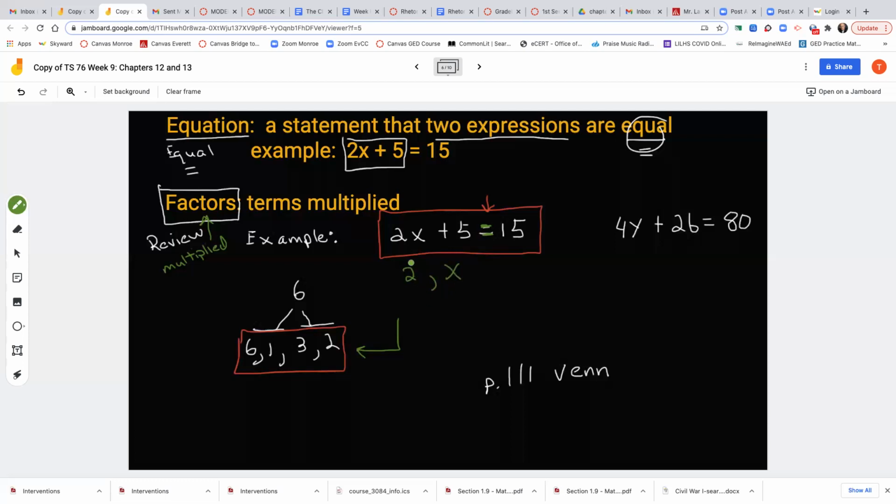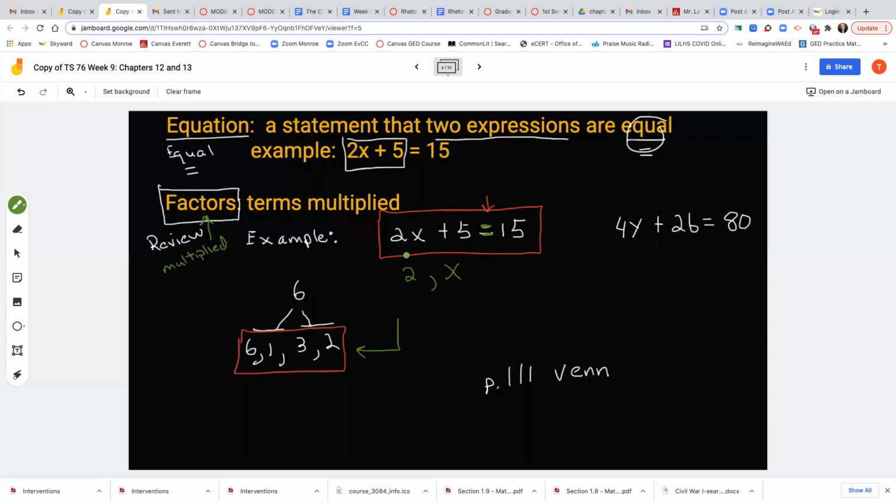Those are the two things that are multiplied in this equation. Now, I want to be careful that I clarify. I didn't ask you what are the factors of 15. I asked you what are the factors in the equation? What are the things that are multiplied in the equation? And those are the two, okay?